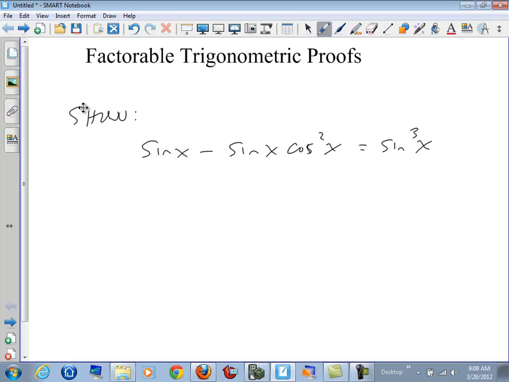So our first rule has generally been to make all the substitutions that turn everything into sines and cosines. But we already have that here. But if you look at the left-hand side, we do have a sine of x common to both terms. So I can factor out the sine of x, and I'm left with 1 minus cosine squared of x.